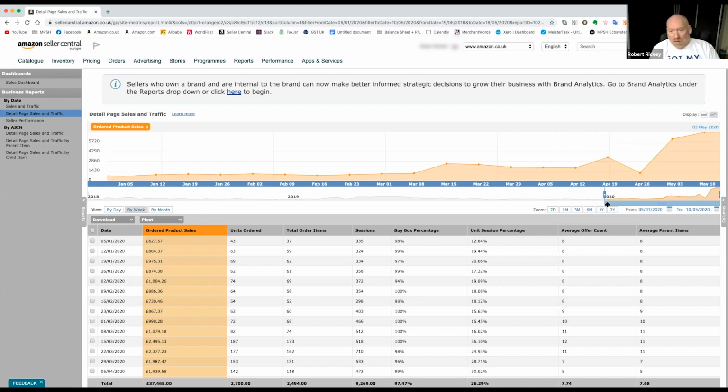So, a doubling of business. And that is purely down to more product, okay? Because on the right-hand side of the screen, you can see the average offer count. We were working hard to put more product into stock, new items, as well as restocking some old ones. So we could pretty much say that is down to restocking and new items.